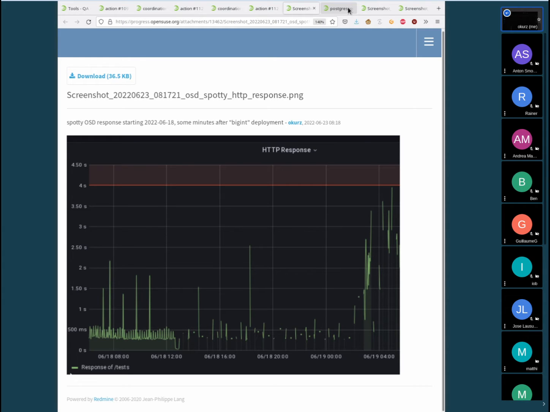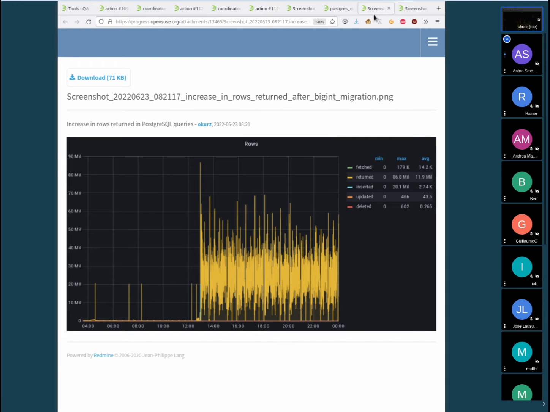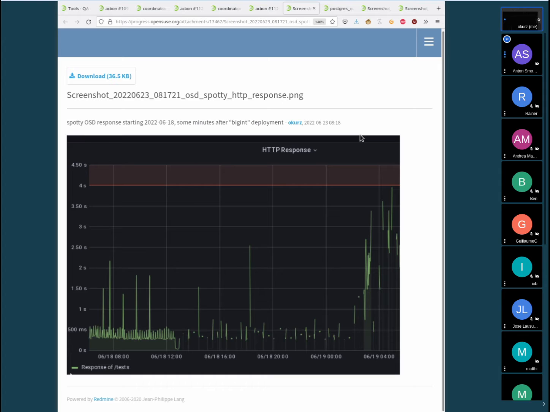We have other graphs. Sorry, Oli. Get back to the previous graph, the HTTP response. Do you have a clear understanding why you don't have any data here? Maybe in these blind spots you actually get these 30-second things, but somehow it's not recorded?